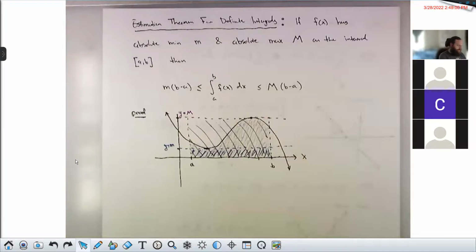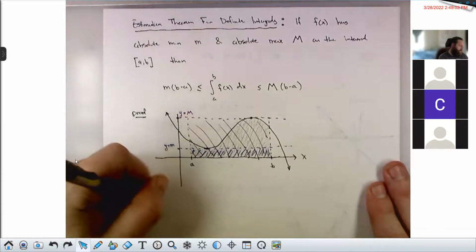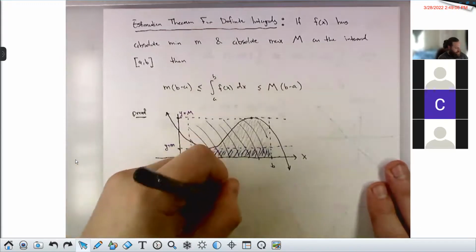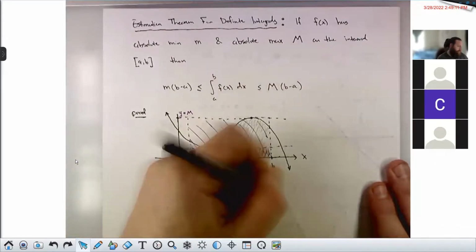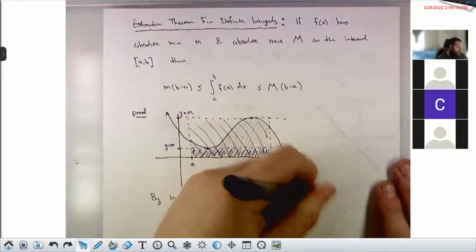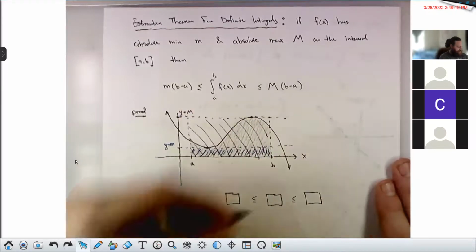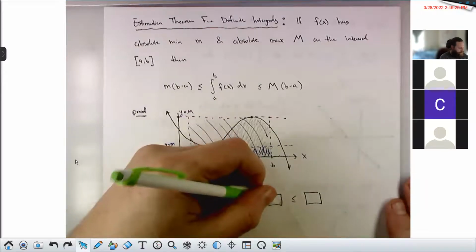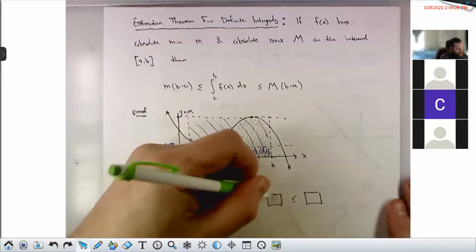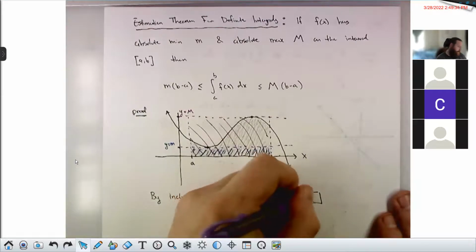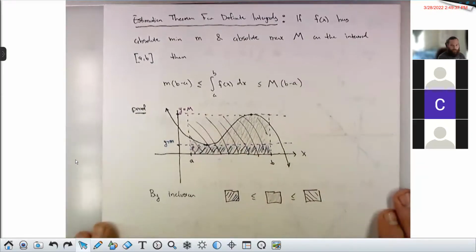So normally the way we would say this is by inclusion. We have the following relationship. The blue area is smallest of the three. The pencil area sits in the middle, and the purple area contains both of them, so it is the largest.